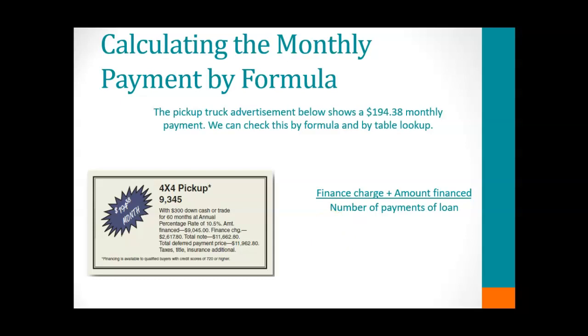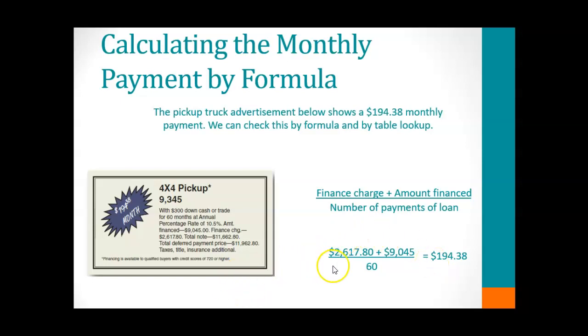So using this information, we can use a formula to figure out what would be the amount of the monthly payment. Assume the monthly payment wasn't given, but it gave you all of this additional information. Take the finance charge plus the amount financed, add those together, and divide by the number of payments of the loan, and that would give you the monthly payment amount.